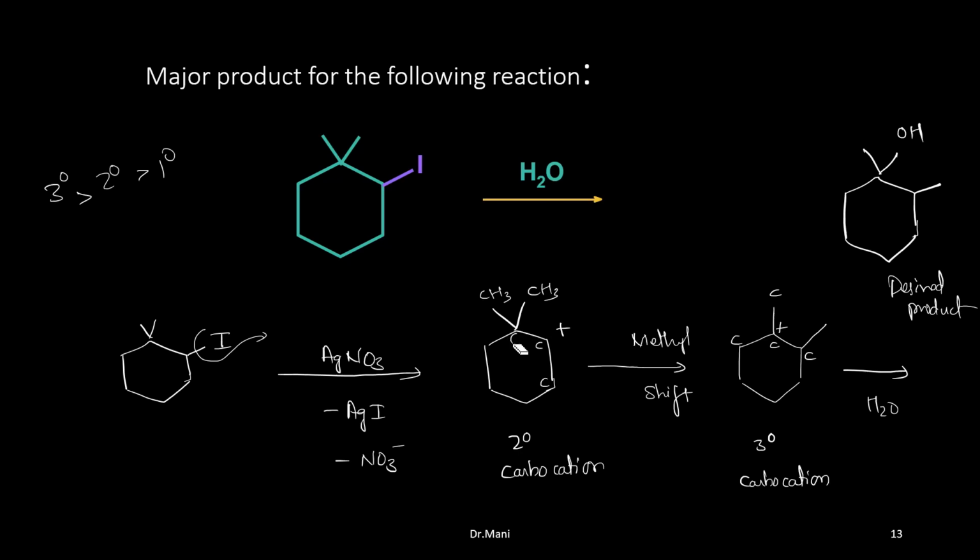This could form a tertiary carbocation, because I shifted the methyl onto this second carbon, and now the positive charge is on this carbon. If you see this carbon, it is attached to one, two, three different carbons. So this will be my tertiary carbon. And we know tertiary is more favorable. That's why this will be my desired product.